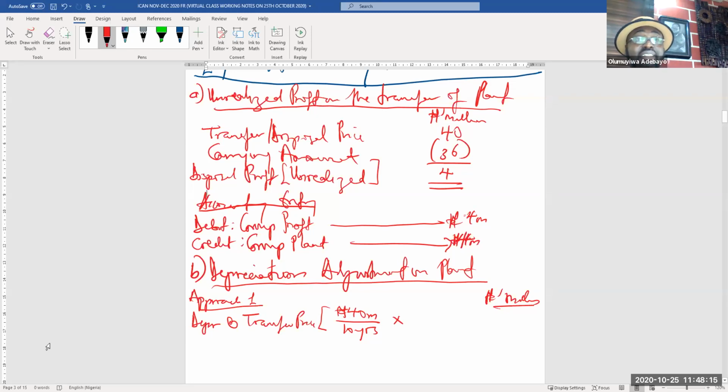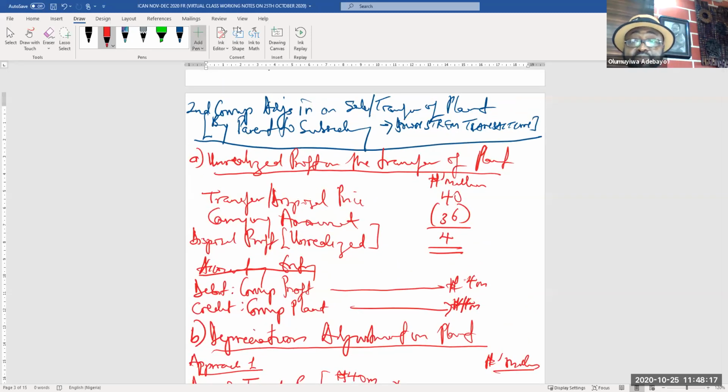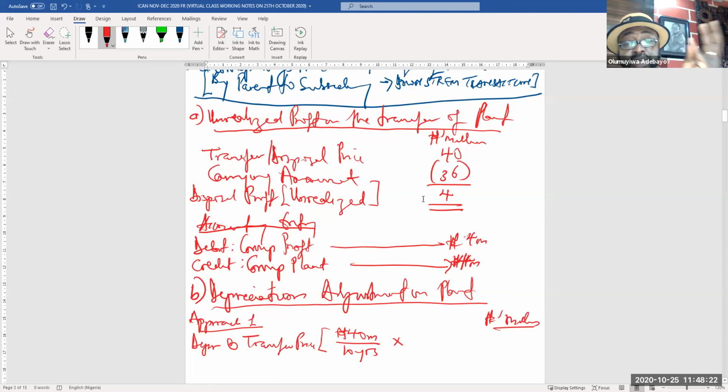And let us check, since the date of acquisition to date, on 1st of January 2014 was when the asset was transferred. And today is 31st of December 2015, which means the subsidiary that bought the asset will have depreciated for 2 years. Namely, first depreciation will have been done between 1st of January 2014 and 31st of December 2014.